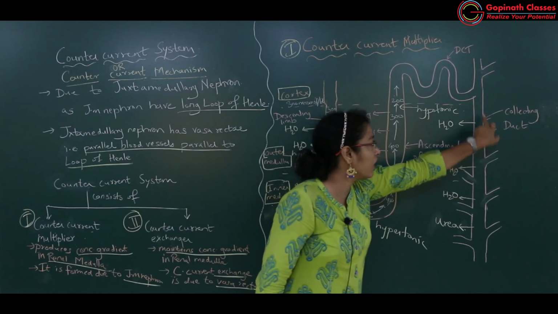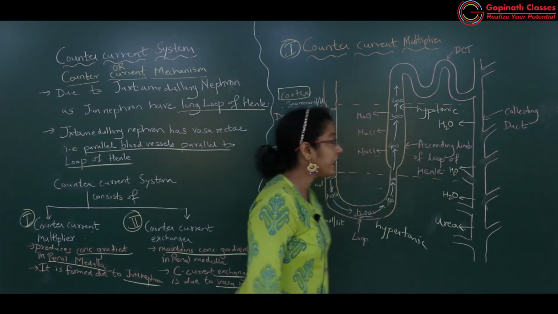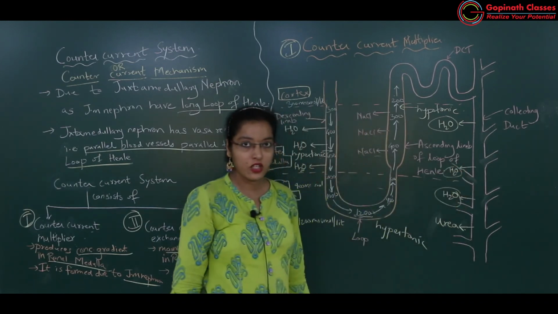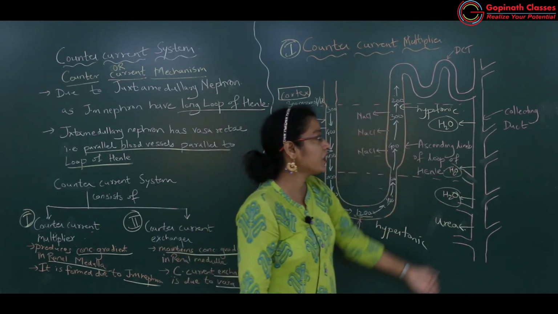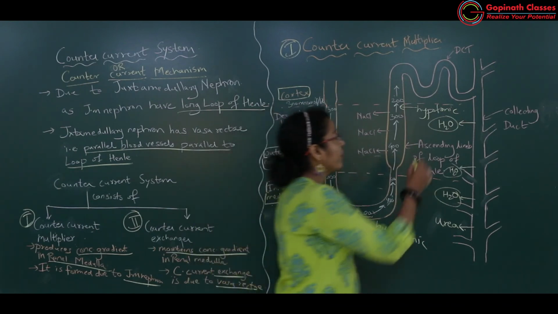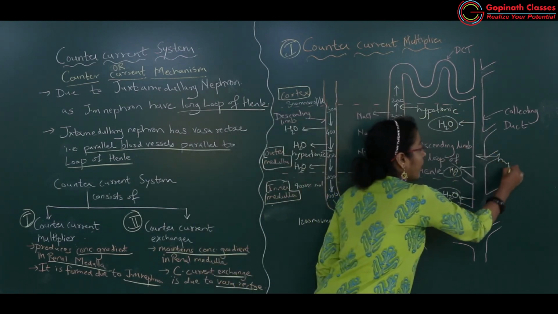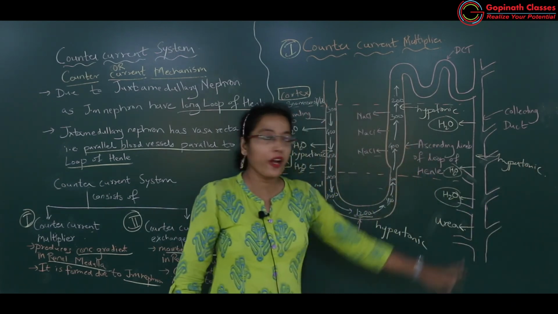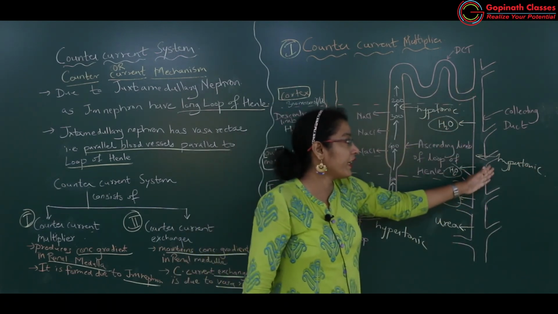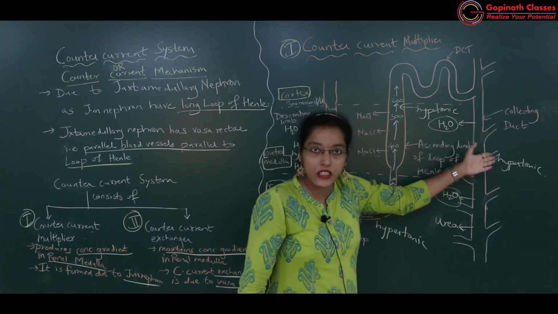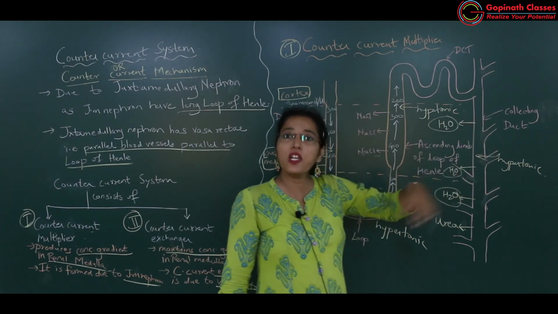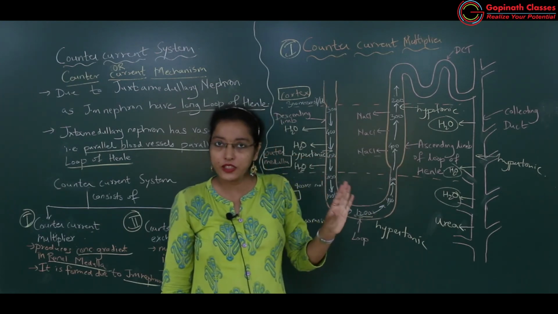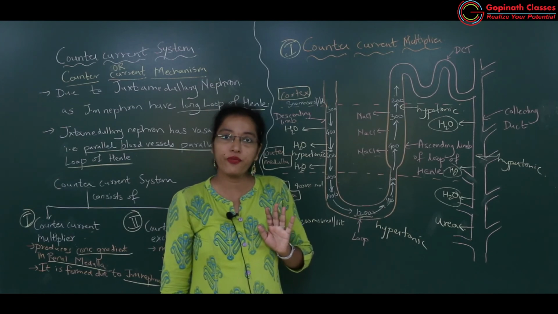Then DCT leads to collecting duct. Collecting duct में भी क्या हो रहा है? Water is getting released, so hypertonic urine will be produced. अभी यूरिन बोलेंगे उसको, because finally the nephric filtrate is coming in the collecting duct, and the collecting duct will reabsorb water. 90 to 95% water will be reabsorbed from the nephric filtrate.